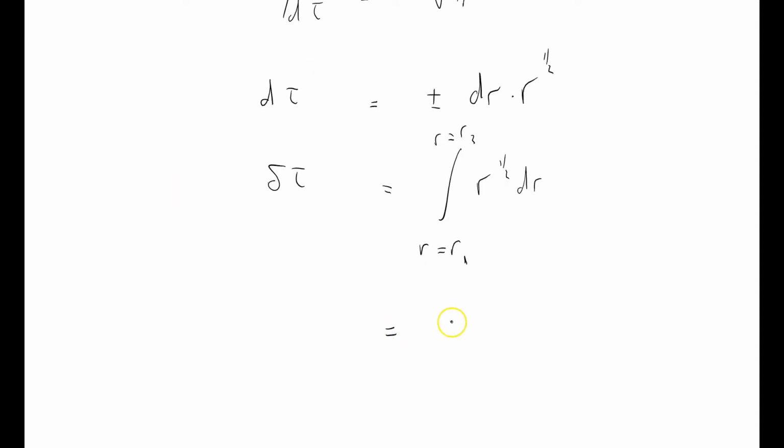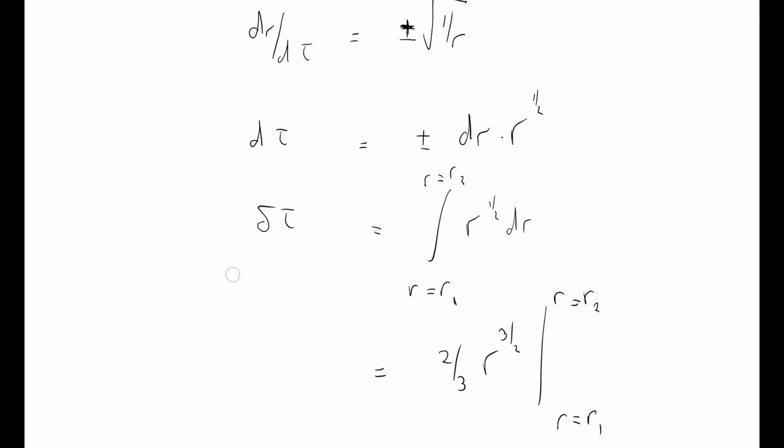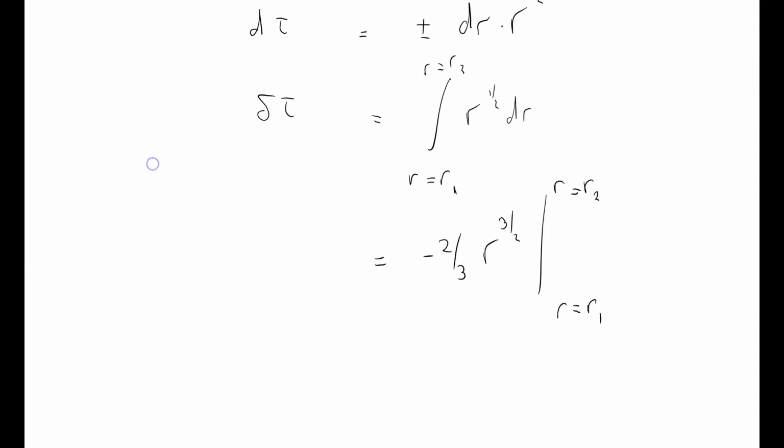That's 2/3 r to the power 3 over 2 from r equals r1 to r equals r2. We normally consider dropping from a large radius to a small radius, and if that's the case, then we need the negative sign here because the radius is decreasing with proper time. So we can drop from r equals 3 to r equals 2.